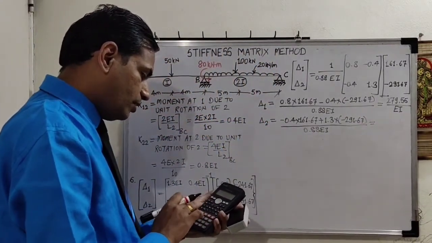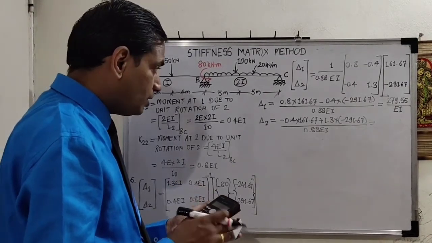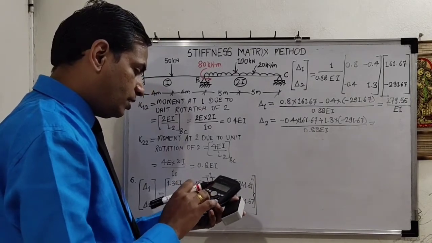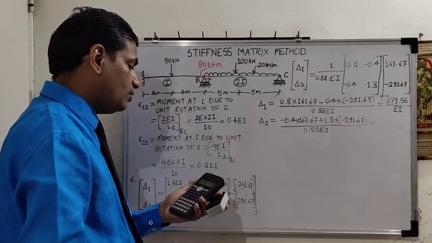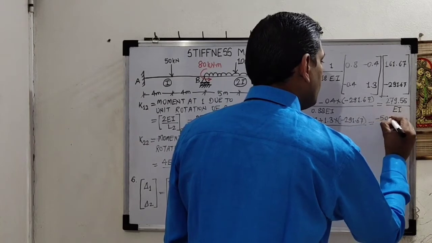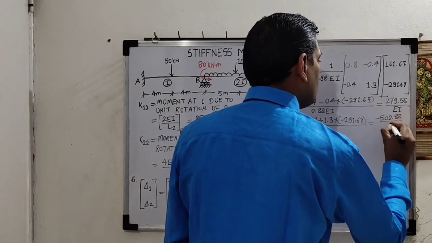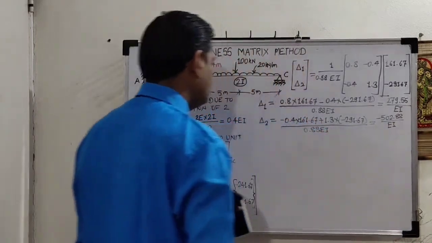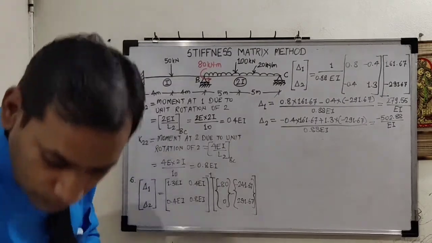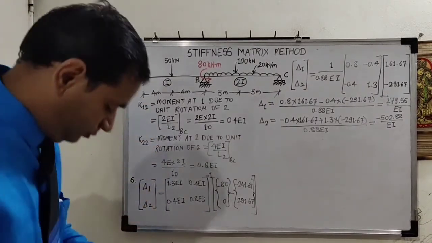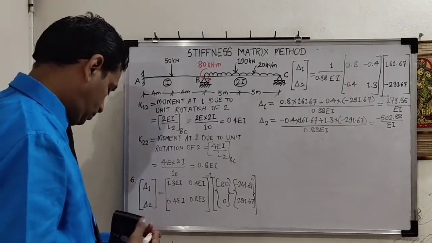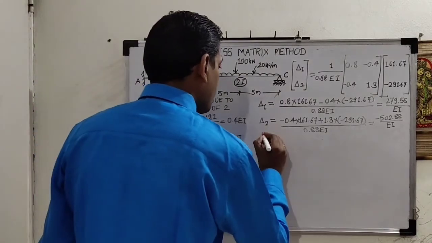So minus 0.4 into 161.67 minus 1.3 into 291.67 divided by 0.88. So it is minus 502.88 upon EI. Okay. Now step number 7 is final moments.